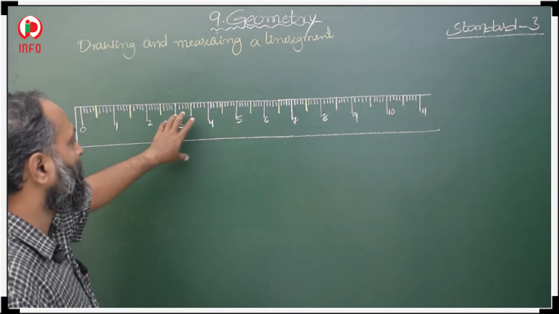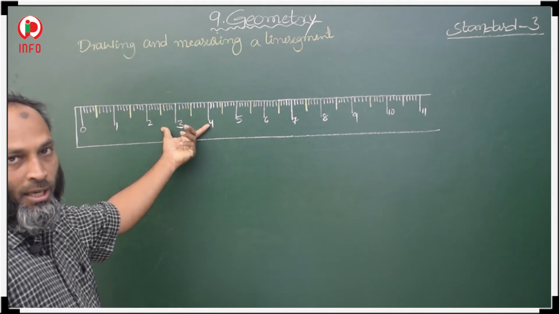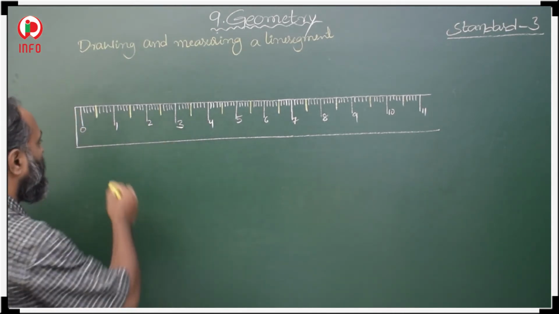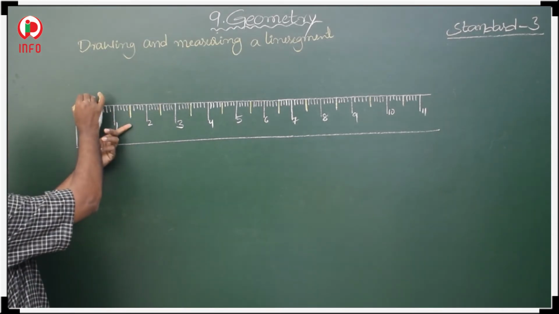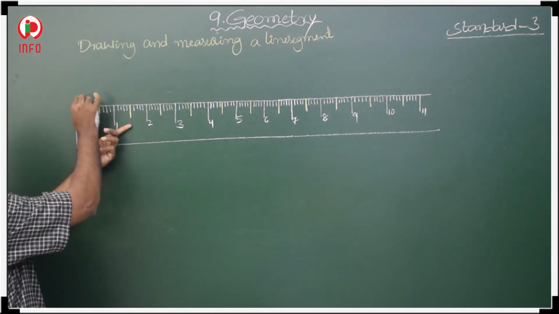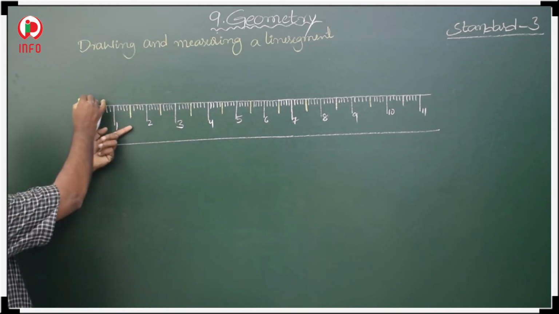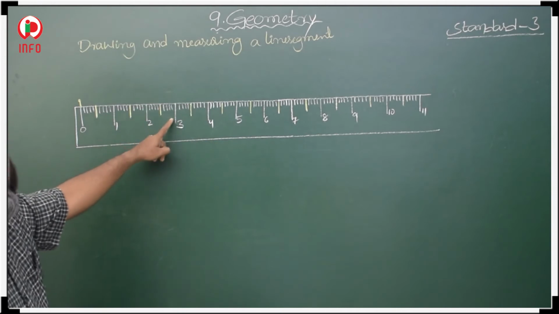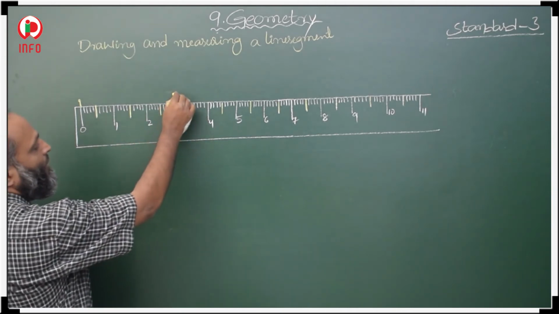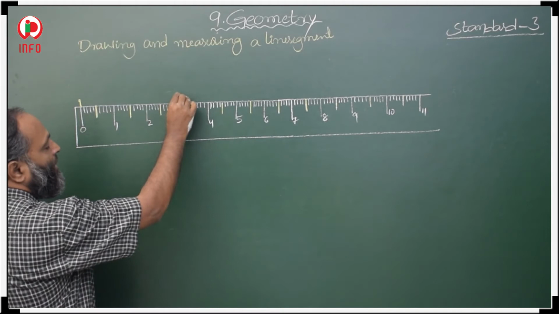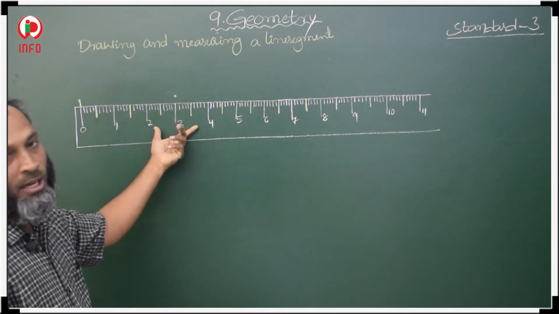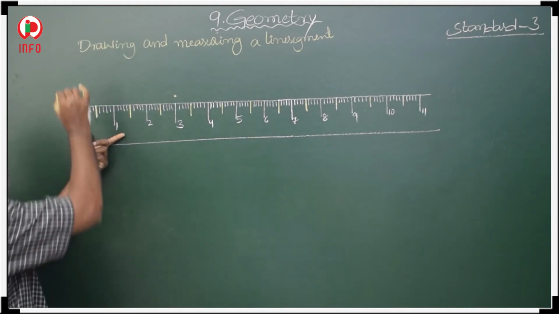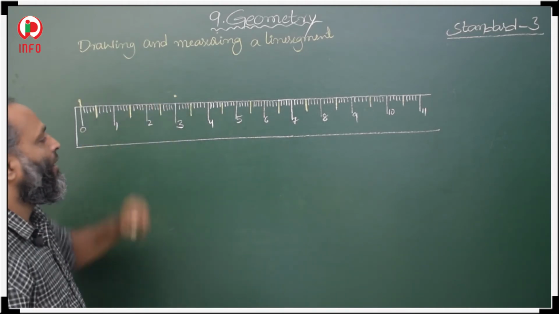You keep your scale straight, and at 0 you mark a dot with your pencil, and another dot at 3. Here we have 3.